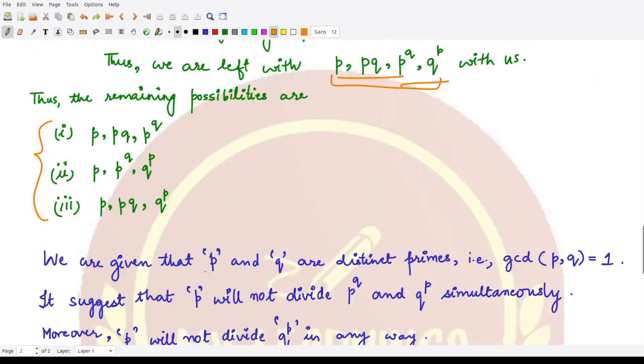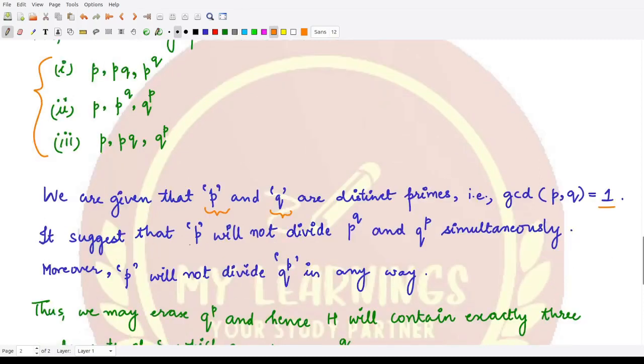Because we are given P and Q as distinct primes, as I've told you the GCD is 1, so it would suggest that P will not divide anything except P or its powers. It will not divide Q raised to power P. And moreover, it would not divide anything which does not contain P. So it would obviously not divide Q raised to power P by the definition of a prime number.